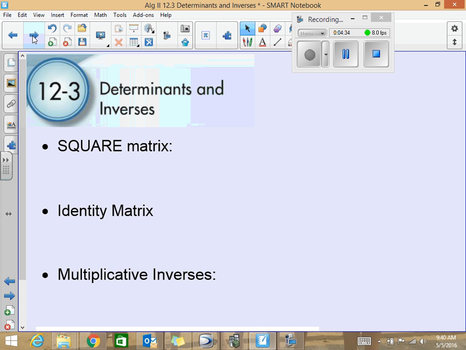This lesson today is a little confusing, because it's just a lot of terminology that may not make a whole lot of sense, but it's the basics of matrices. So it's basic terminology that we're going to learn today, and next class we're going to use it for a division problem.